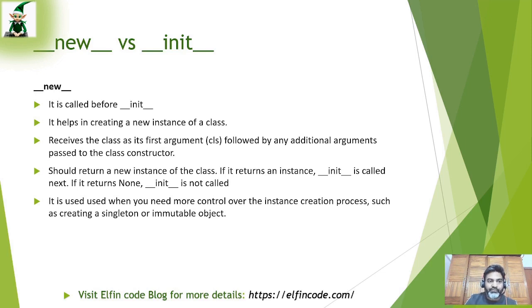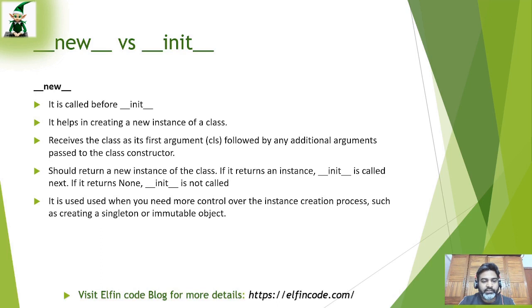So ensure that if you are overriding the new method explicitly in your class definition, you should always return the object so that it calls the init method. In case you are not returning that instance, then the init method will not be called and none of your instance variables get assigned their values.